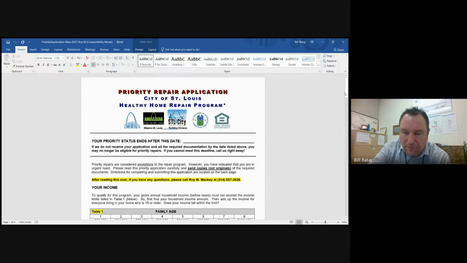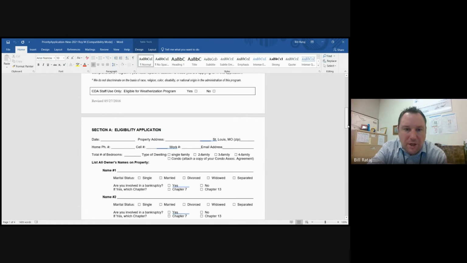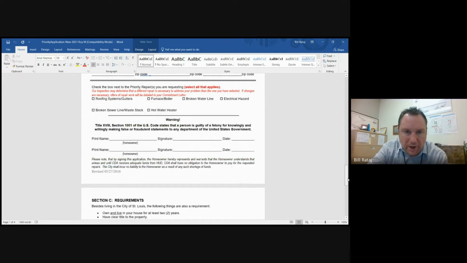So these are for homeowners who have an event in their home or a necessary repair that HUD has determined is considered a priority. So this would be a leaking roof, your furnace or your boiler doesn't work, it's cold outside, you need to have heat in your home, you have a broken water line, so you can't get any water into your home.